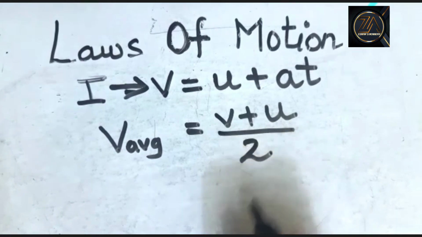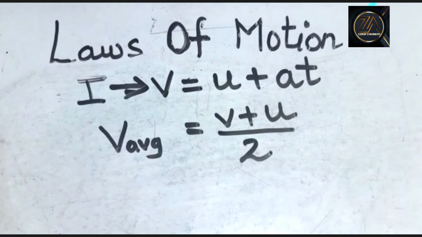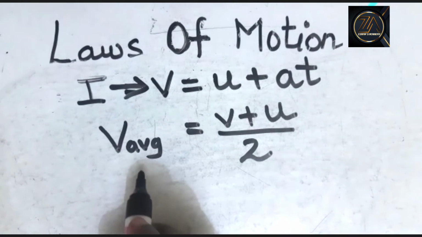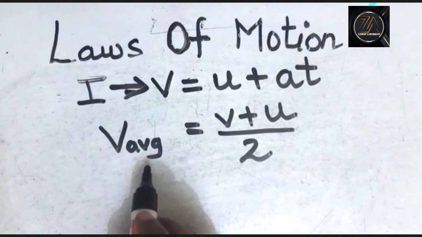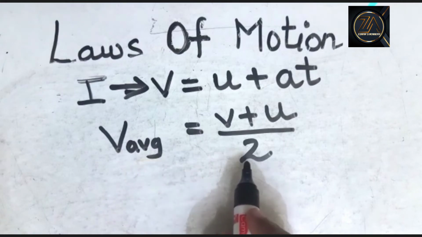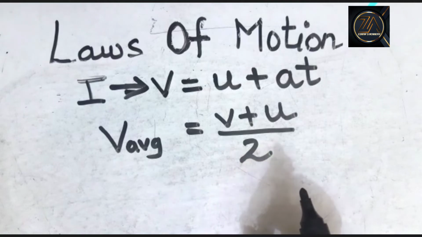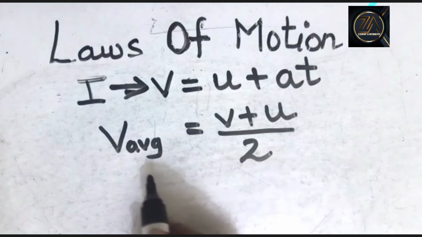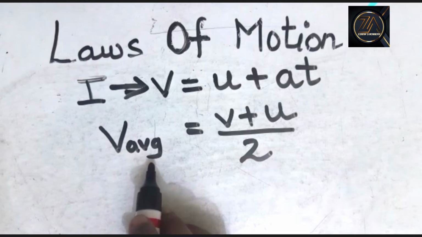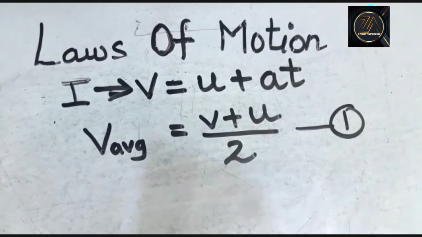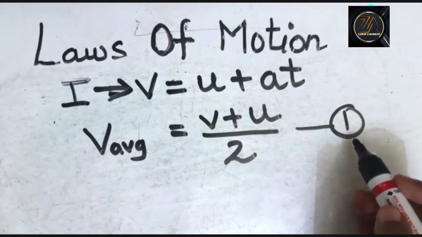Remember, the vehicle is moving with constant acceleration, and we are finding the average velocity. So our equation becomes, how we find the average of any calculation. So we are finding here the average velocity. This is our first equation.